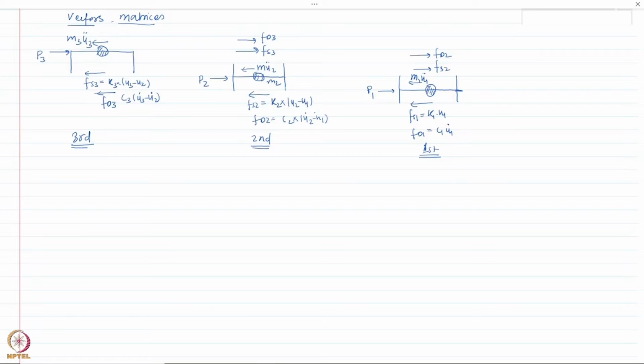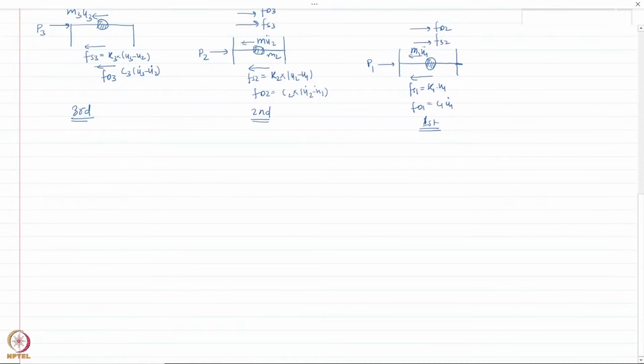Okay, in terms of stiffnesses and matrices. And so let us see how we do that. In terms of writing down the equation, let me first write down the equation of motion for the first story.